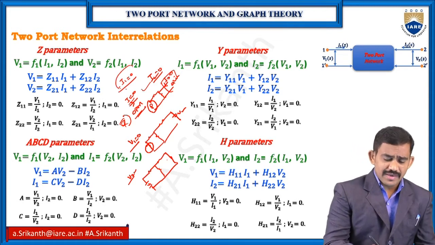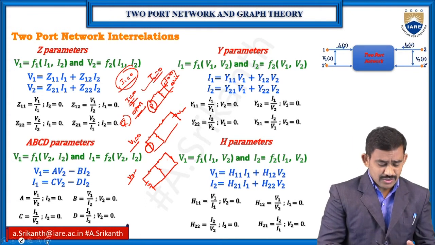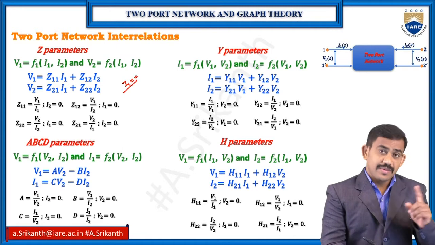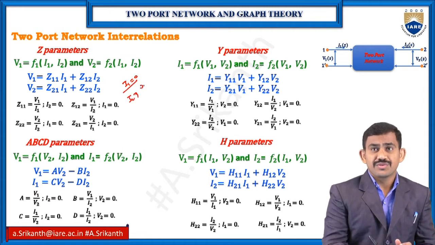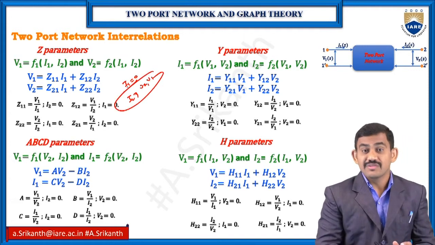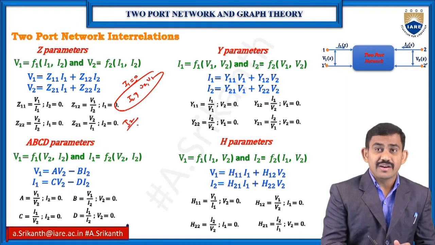So when one parameter is 0, you need to find out the remaining parameters. Clear guys? Suppose I1 equal to 0, so the primary side is open. We need to find out the I2 value, V2 value and V1 value, and find out which impedance you want, which admittance you want, which gain you want. Same thing, I2 equal 0 means we need to find out the I1, V1 and V2 values.